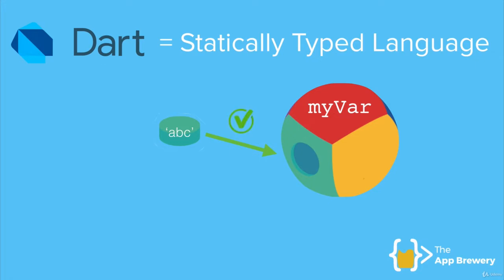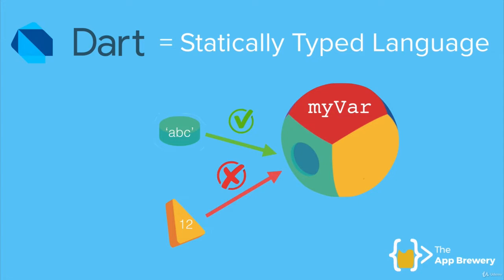But if I had a triangle, it won't go through the hole. It's very similar with statically typed languages like Dart. When I create a variable and say that it can only hold pieces of text, then if I try to put a number into it, it won't accept it. It says I can't mix up my types.